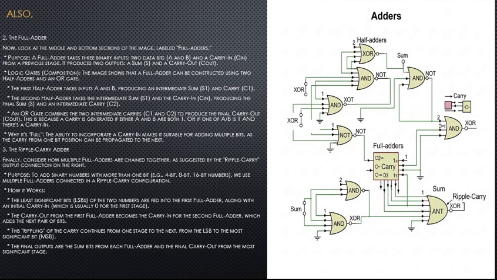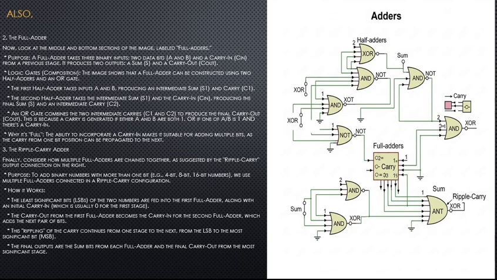Why is it called full? The ability to incorporate a carry in makes it suitable for adding multiple bits, as the carry from one bit position can be propagated to the next.